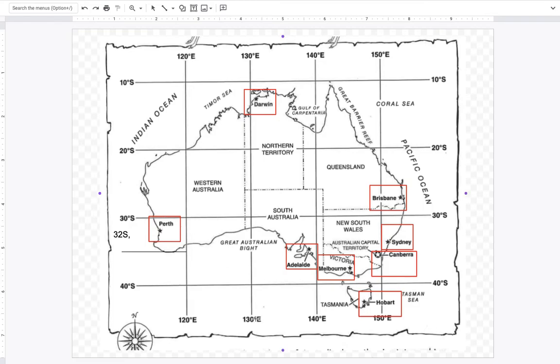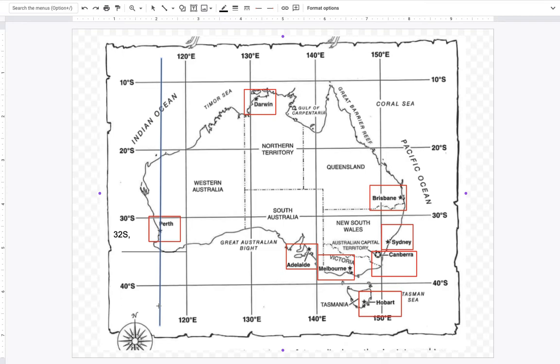Because here's 150 over here, 140 right here, 130 right here, and we're still going down to 120. So we know Perth, if it's on this imaginary line of longitude right here, is going to be below 120 because we're going down.